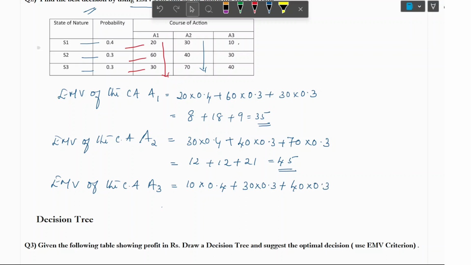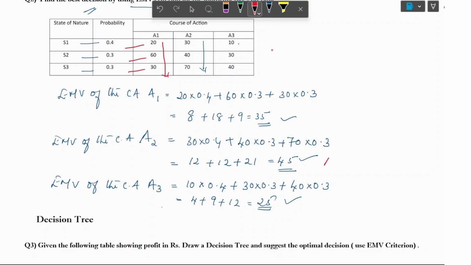How do you get it? This 10 you multiply with your probability 0.4, 30 into 0.3 and 40 into 0.3. Now calculate, that is equal to 4 plus 9 plus 12. The answer is 25. Now see here, there are three EMV values: 35, 45 and 25.